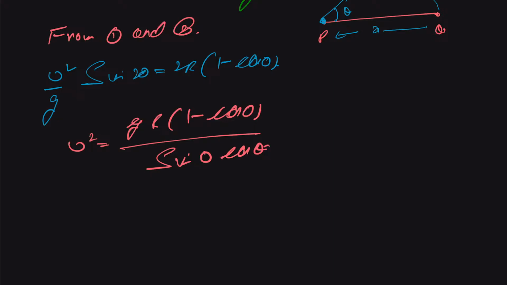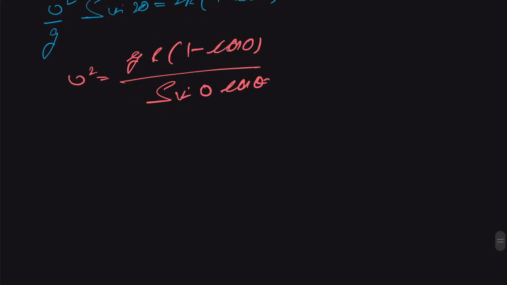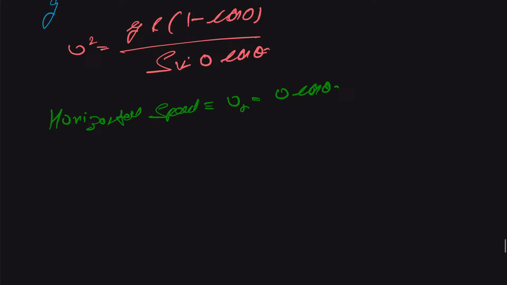And we know that our horizontal speed Vx is equal to V cos of theta, and let us square it, so we get Vx square is equal to V square cos square theta.